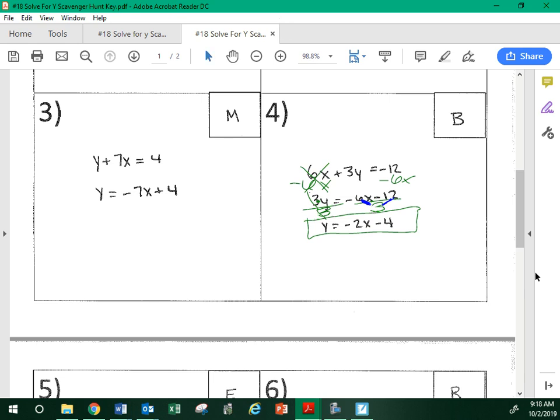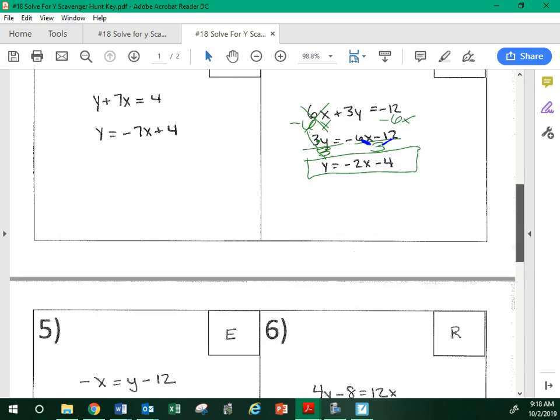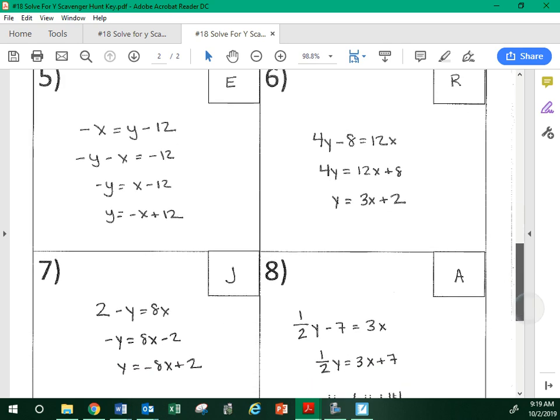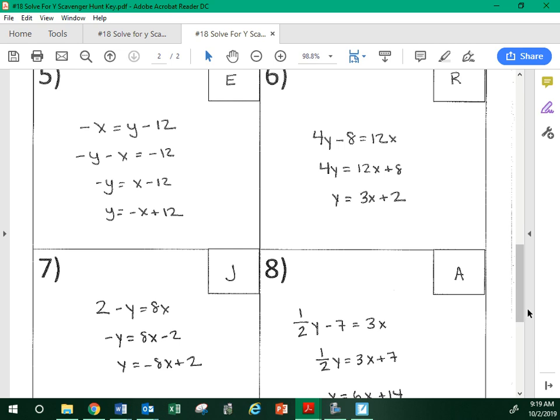Right. Let's go take a look at 5 and 6. I think it's 7 and 8 there. Zoom out a little bit.